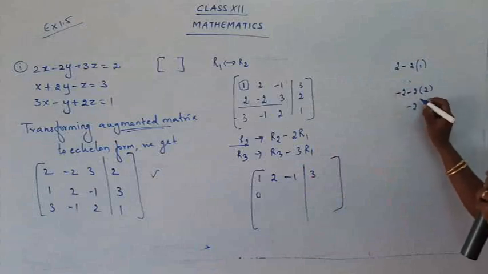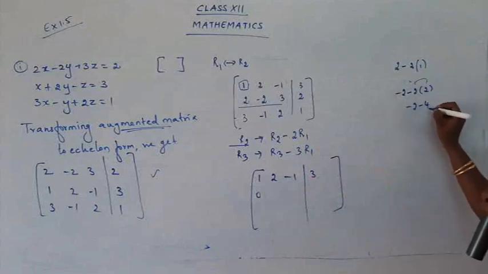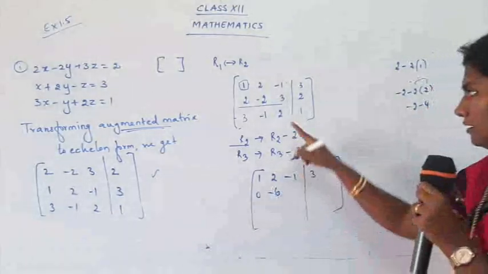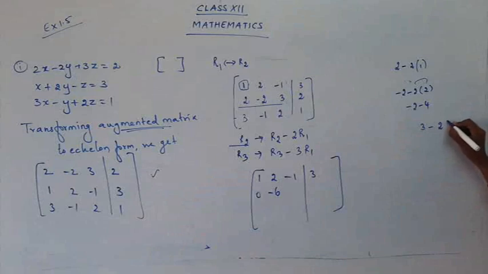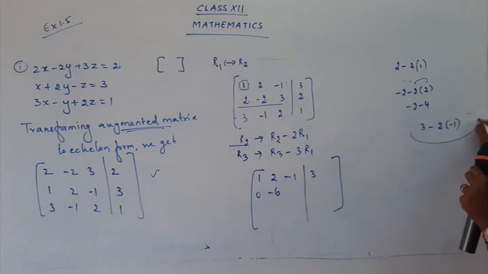So minus 2, 2 2s are 4, minus 6. This is all the basic calculations that we have studied in our smaller classes, and we often make mistakes over here. You may feel, oh, this is very easy, but here is the place where you make mistakes when you change the sign or when you change the operation. So be careful when you do the operations.